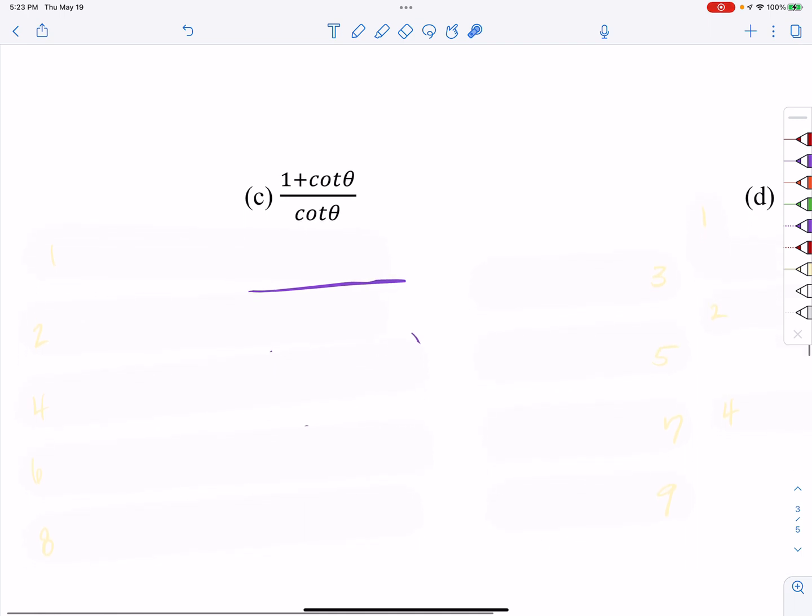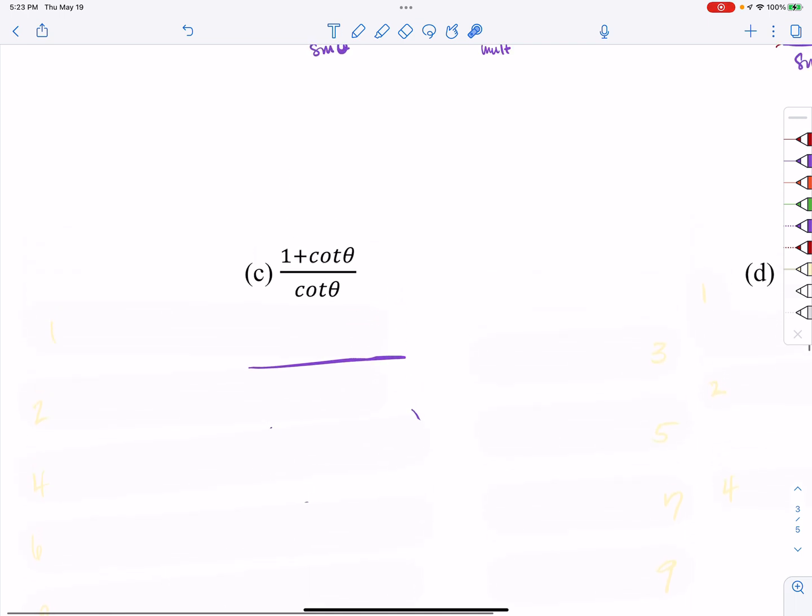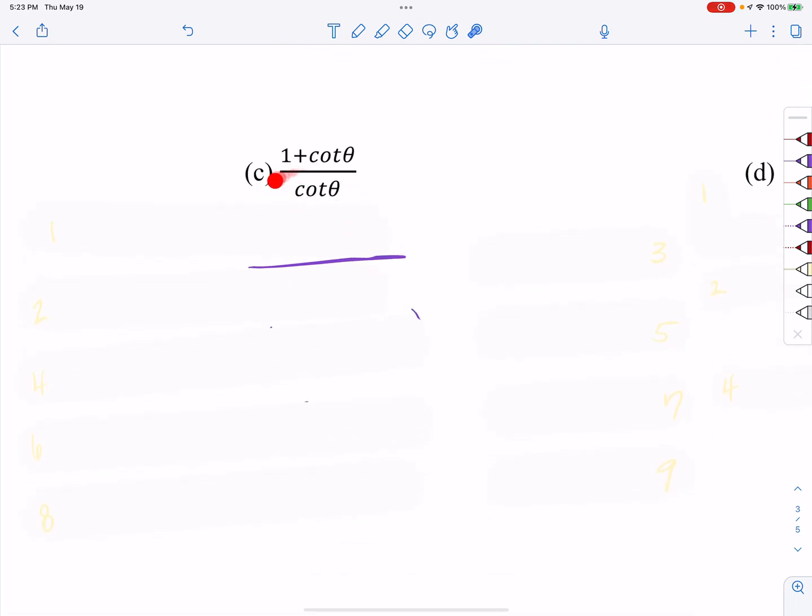What I'm going to do on this one is notice that I have a common denominator. Common denominator is cotangent. I'm going to make that common denominator uncommon. So I'm going to, in class, I say that I'm going to share the love. I'm going to take that denominator, make it an uncommon denominator, and share it with my two separate numerators.